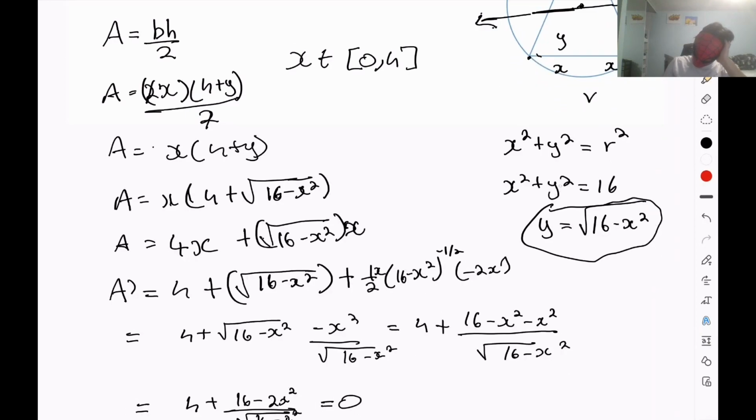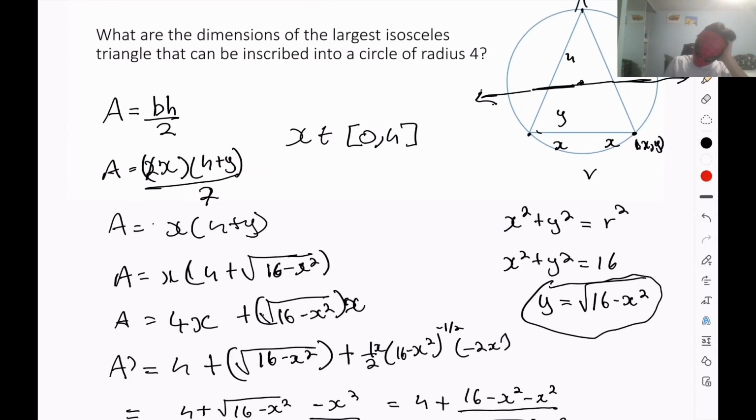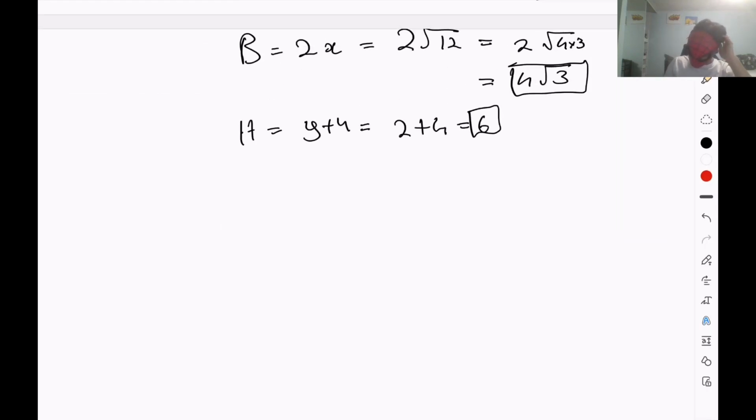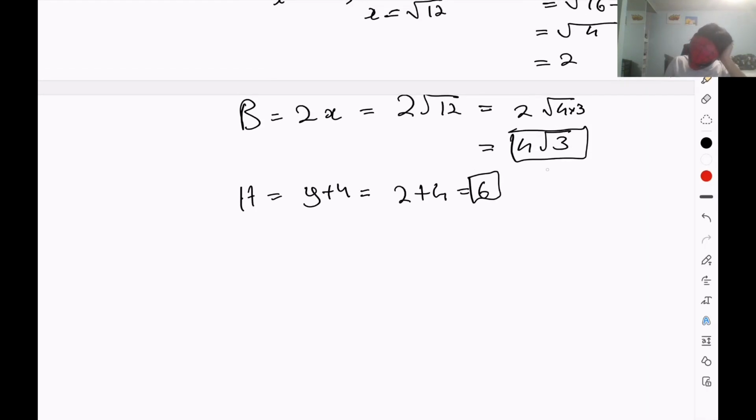And if you plug in y equals 0 and you solve for x, x should equal 4. That's the maximum it could reach. So these are the restrictions for x. And yeah, that's basically it. Our dimensions for the base is 4 times root 3 and then the height is 6.